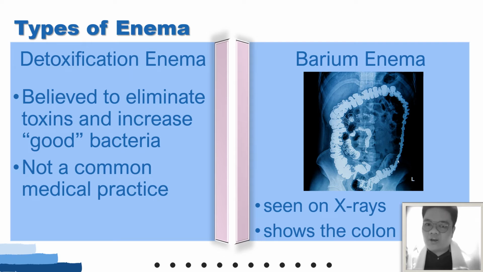Remember that your colon is a soft organ, a soft tissue. In other words, dear students, you would not be able to easily visualize that in X-ray, because in X-ray, you will only be seeing bones and the dense structures. So, to make the intestine visible in X-ray, barium enema is one of the ways.